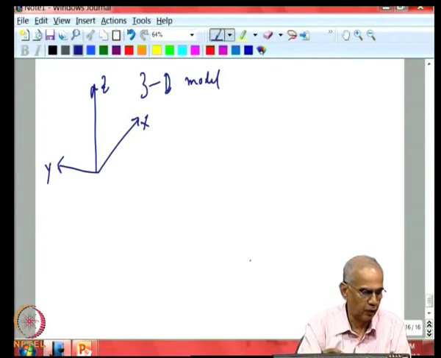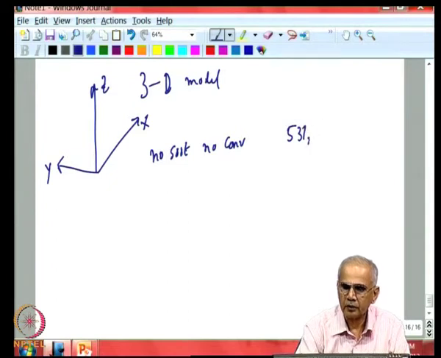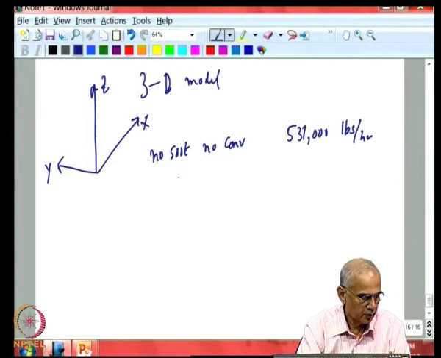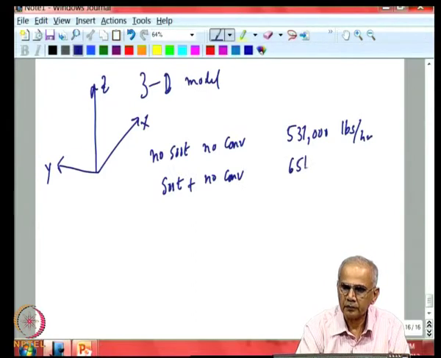Then in this 3D model, if you have no soot and no convection, you get 531,000 pounds per hour. Then you have soot but no convection, it does go up to 651,000.